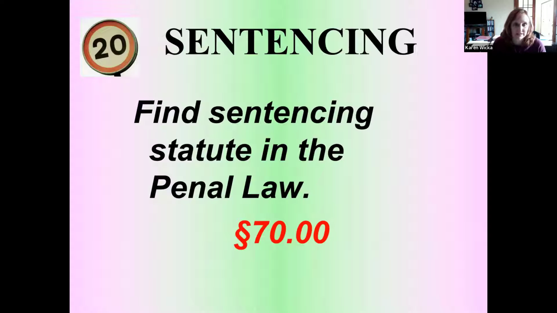Like, is it aggravated? Is it a violent? Is it a second violent? We're going to try to keep it super simple. We're just going to use section 70.00. So don't use any other sections, even if you think it's violent or aggravated or anything. Don't use those sections. Only stick to section 70.00 if you're looking up a felony.